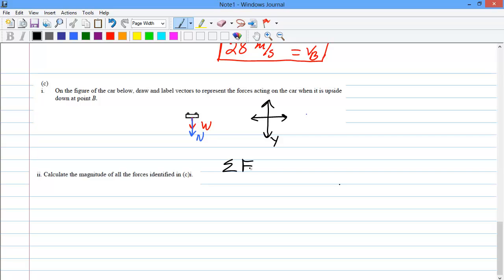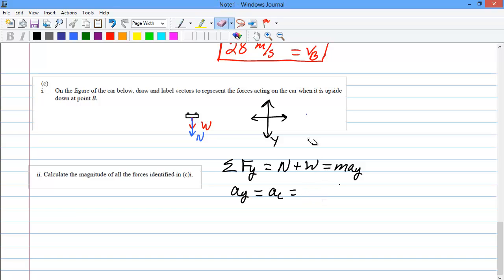So summation of forces in the y direction would just give us N plus W is equal to m a_y. The question is what is going to be a_y? Well, it's moving in a circle, so it's the centripetal acceleration, so that's going to be V squared over R.